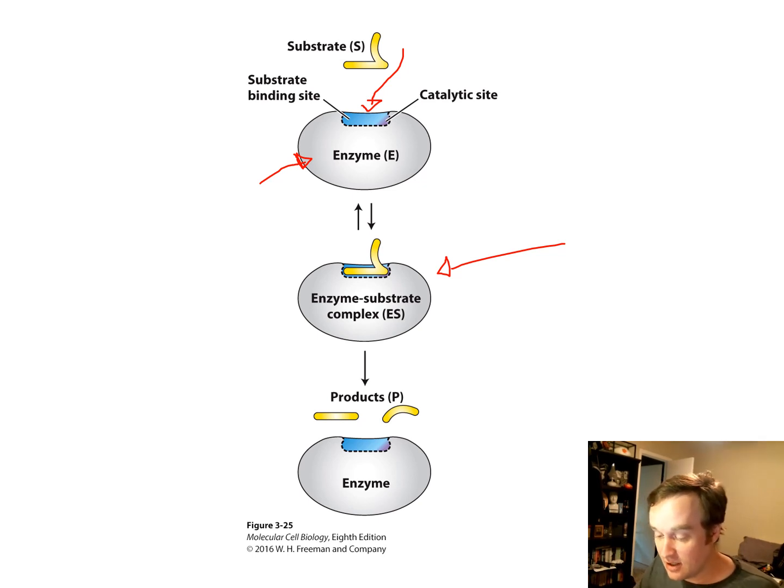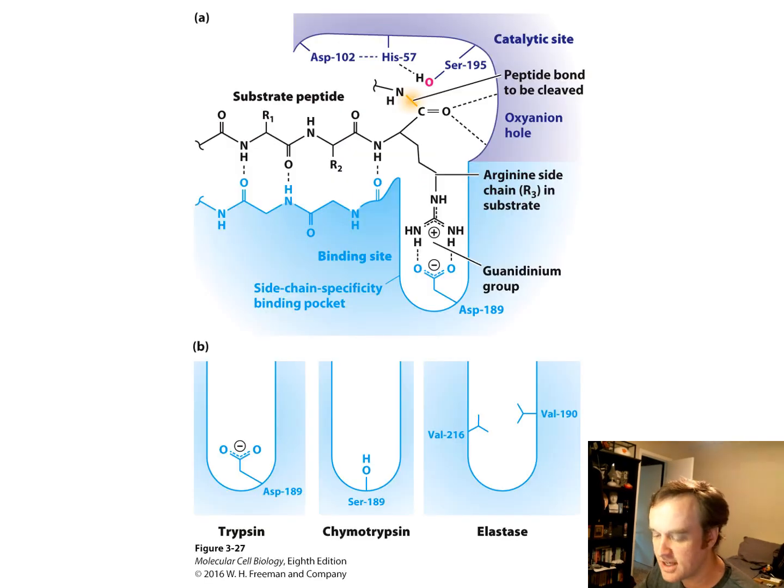And as the enzyme is performing its function, they convert what was first called the substrate into what we now call products. So we'll have two products in this case because we have broken this substrate into two pieces. So let's look at this trypsin binding a little more closely here.